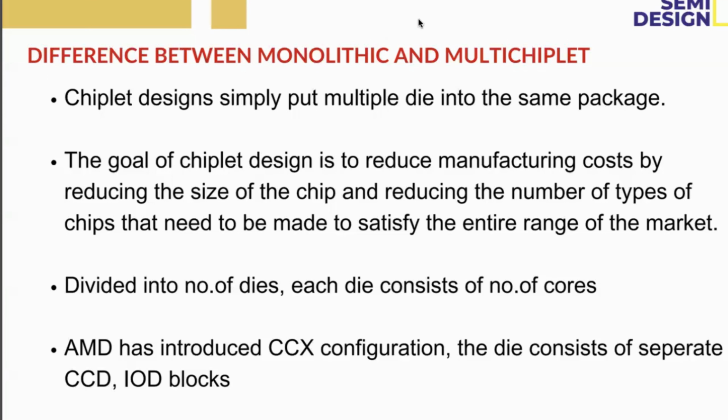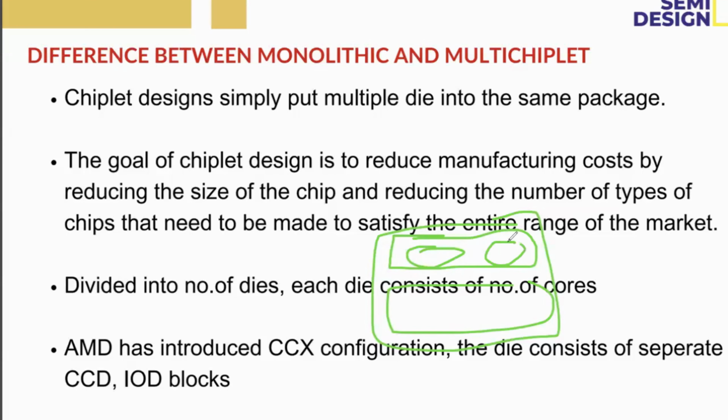Suppose here there is a package. In the package there will be multiple dice: die 1, die 2. In die 1 there will be a number of cores, IO-related and CCX-related cores, and another die with IOD configuration or CCX configuration. So we are just making a large integrated circuit into small chiplets.